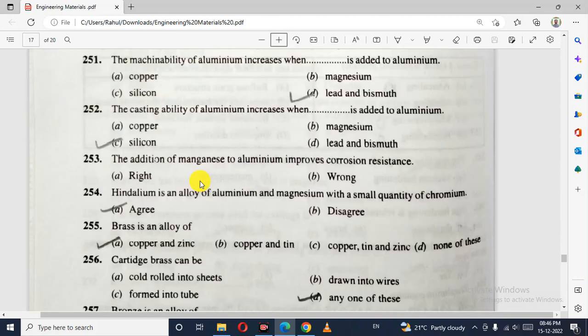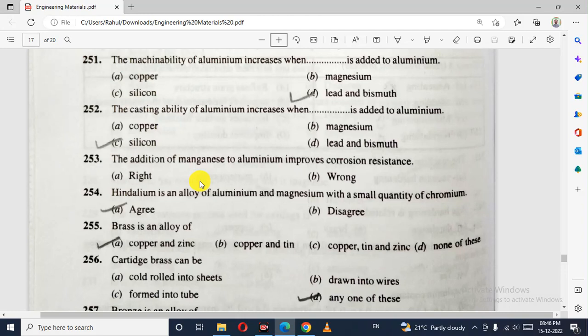The machinability of aluminium is increased by lead and bismuth. The castability of aluminium is increased by adding silicon. Hiduminium is an alloy of aluminium and magnesium with a small content of chromium.